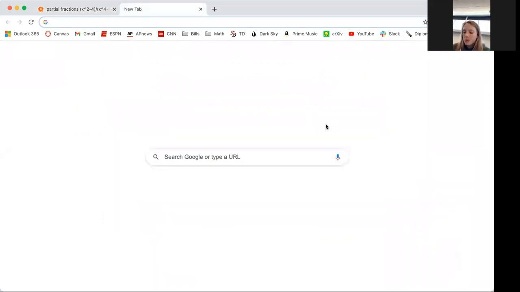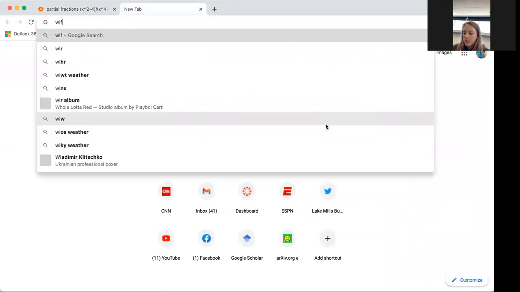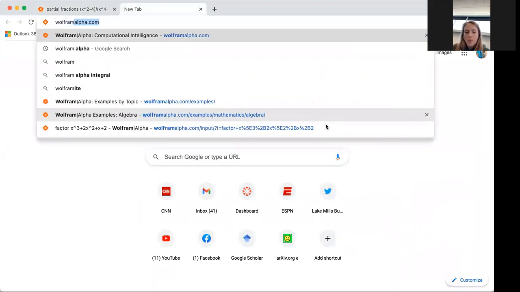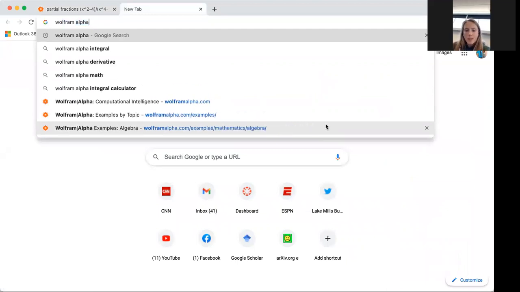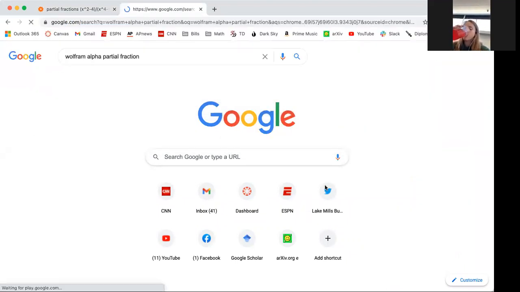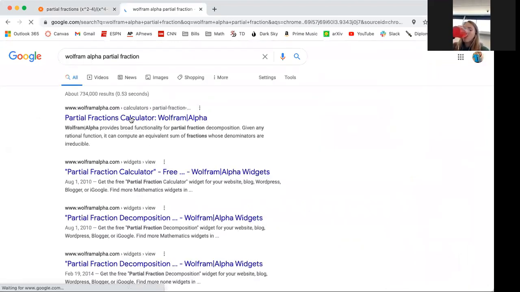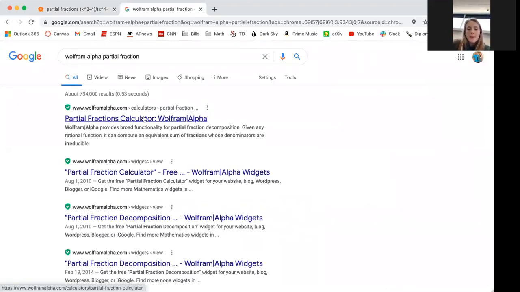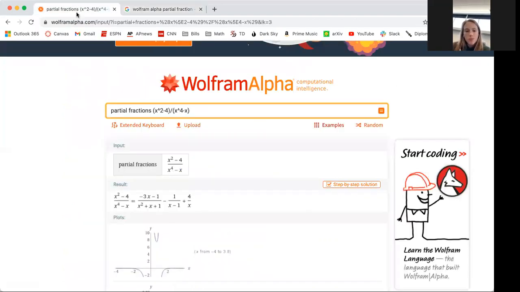Like Wolfram Alpha partial fraction, and just see what it says. And it'll direct you to the right place in there, or some other links.